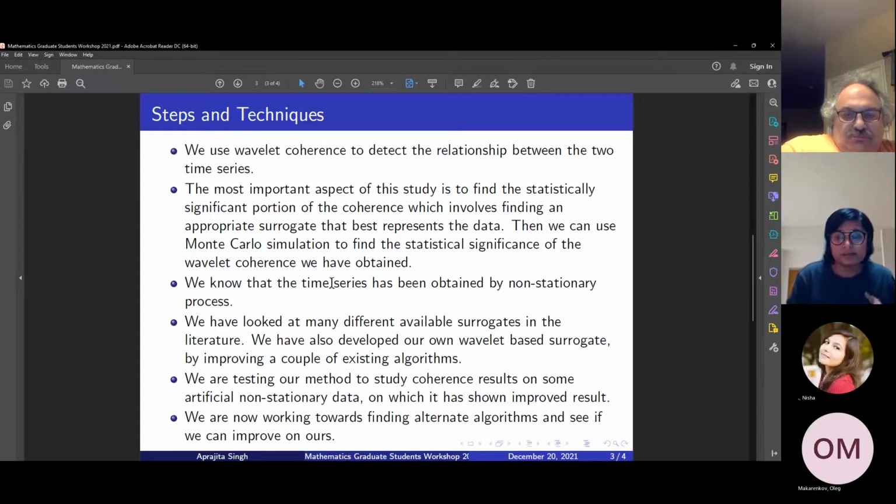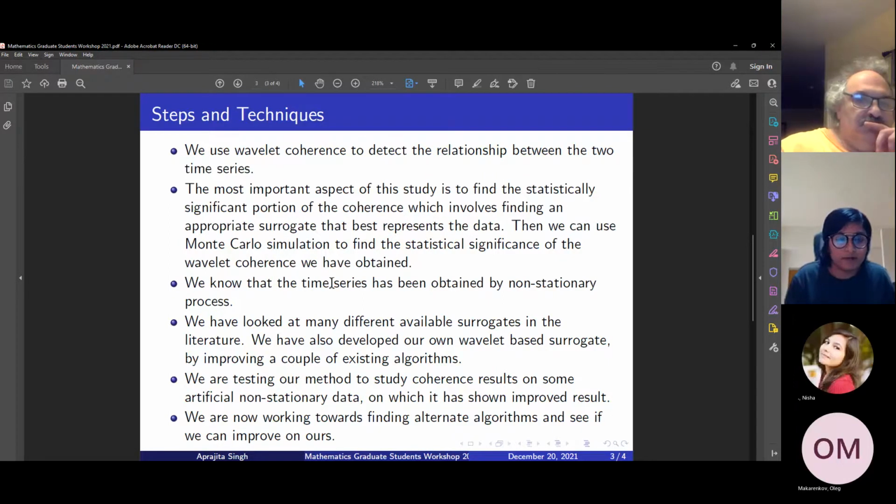The surrogate that we have obtained for our non-stationary data is wavelet-based, and to make sure that it does give good results on non-stationary signals, non-stationary processes, we test it on many different data. We basically create artificial data for which we know the results, for which we know the coherence between two time series, and then we use the wavelet-based surrogate.